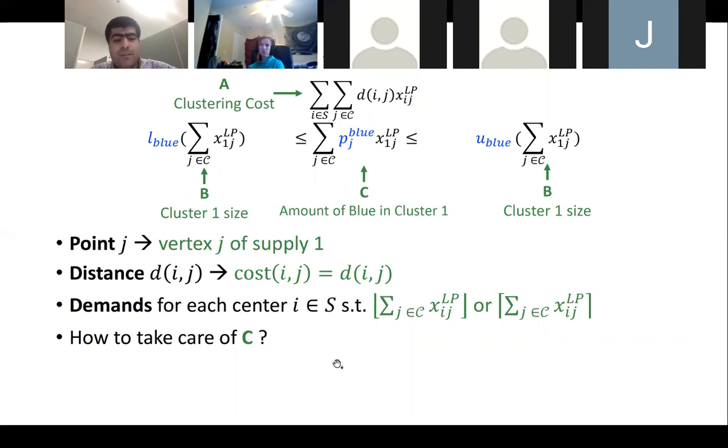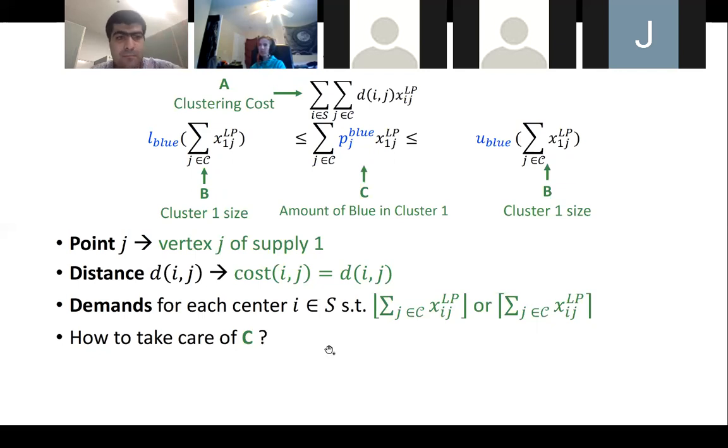And we set the demands for each center in such a way that what the center ends up receiving is either the floor of the cluster size that came from the LP, or the ceiling. So this is roughly how we maintain A by encoding the distance in the cost, and roughly how we maintain B. But you can see how the violation shows up because we have floor or ceiling. Now the question is, how do we maintain C?